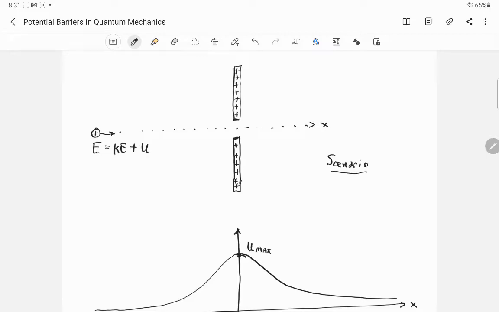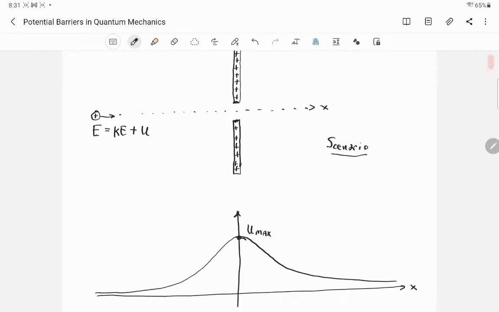The potential energy is the energy of interaction between this positive charge and these positively charged plates, the potential energy associated with the relationship between this moving charge and these stationary plates.